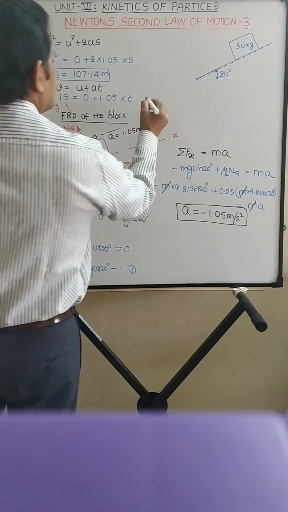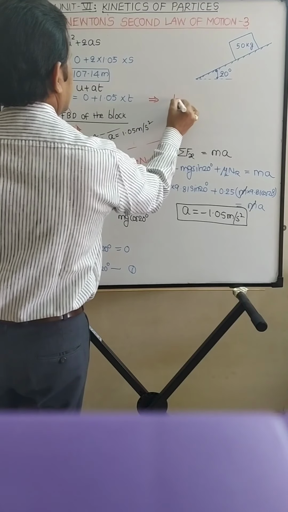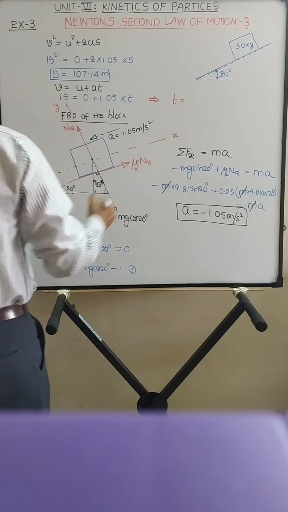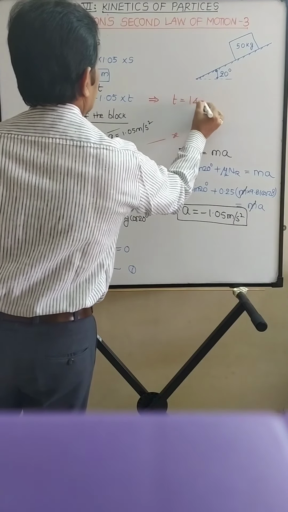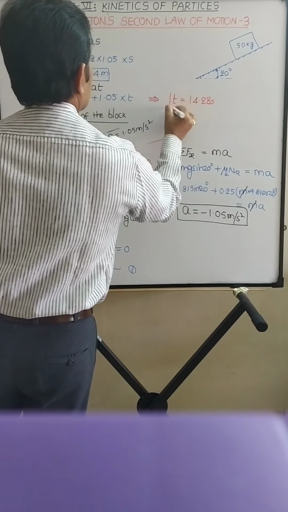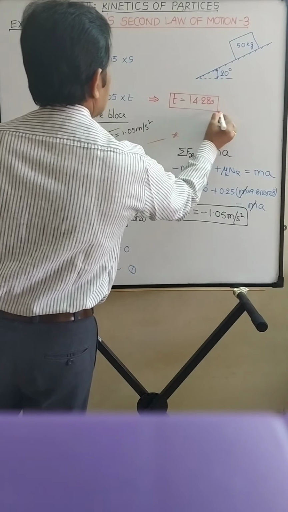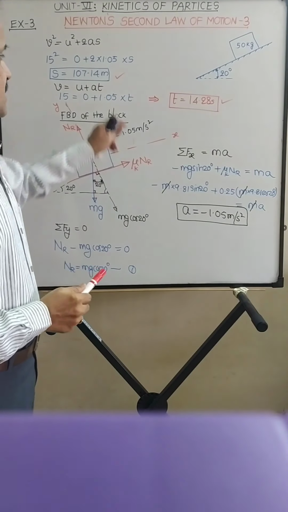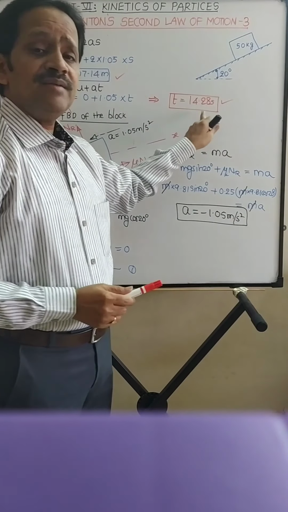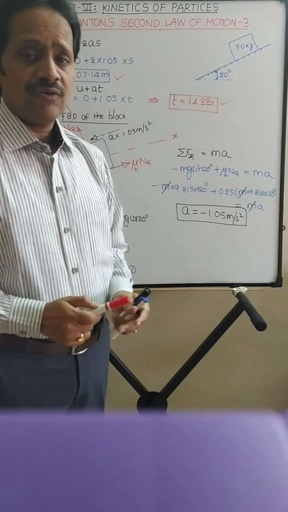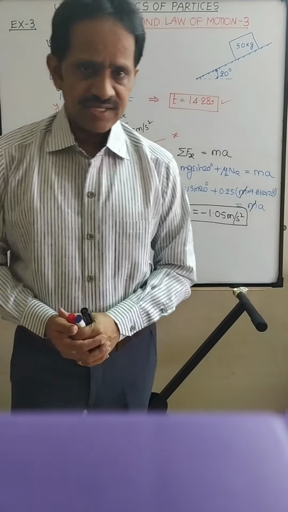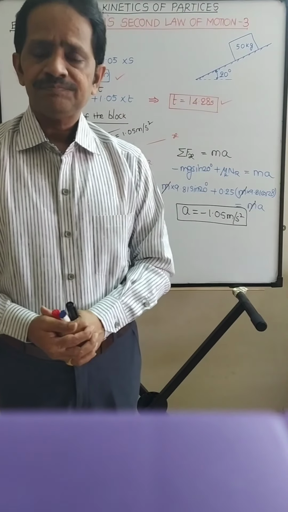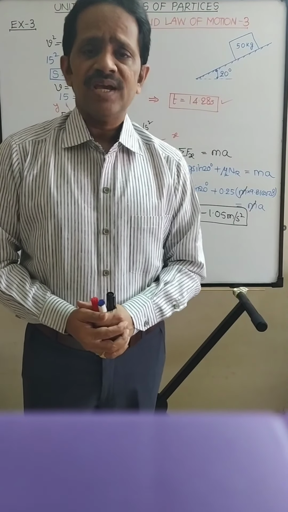So this gives you t is equal to 14.28 seconds. So these are our final answers: the distance traveled by the block and the time taken to attain a speed of 15 meters per second. Understood? So we will solve one more example.